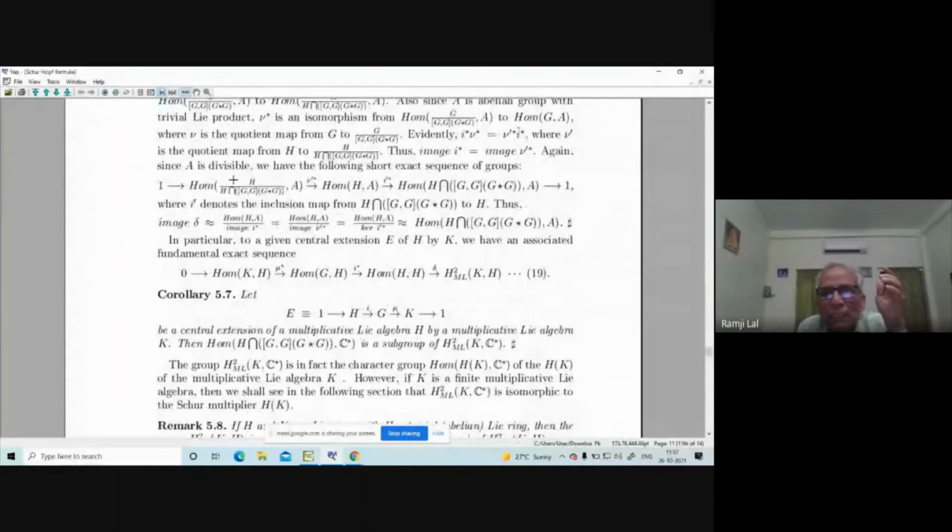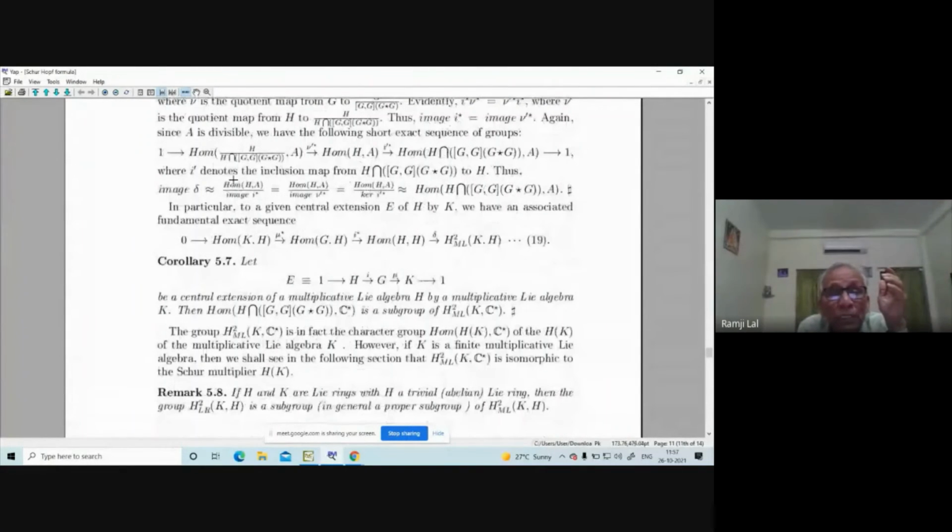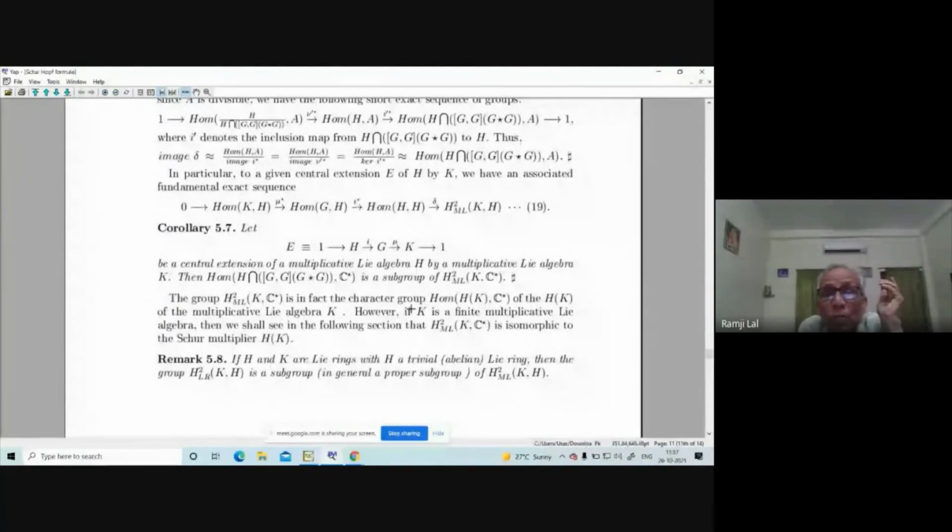So if this is a central extension with C star, which is a divisible group, the corollary is that H2 is the character group of Hom(HK, C star). Therefore H2 of the multiplicative Lie algebra K is the character group of HK, where HK was already described for a group. However, if K is a finite multiplicative Lie algebra, then we shall see that again this is a finite group.